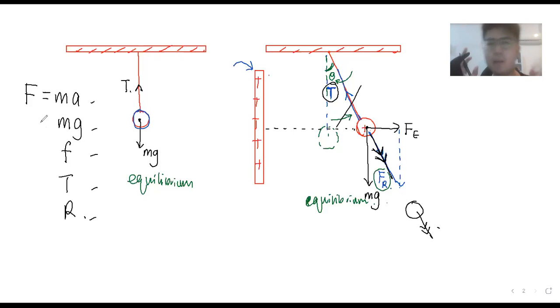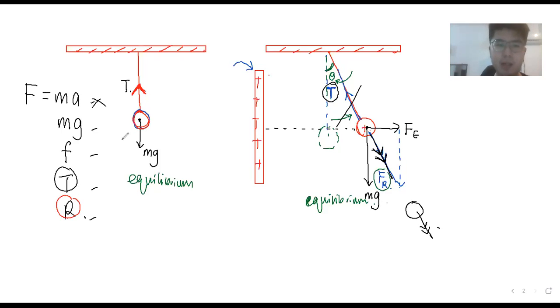Is there MA? No, then you cross it out from the list. Is there MG? Okay, you label. Make sure you don't miss any forces. Whenever you see a string, you label T. And remember, T is always pointing away from the object, and we label it on the string. R is when there is a surface.